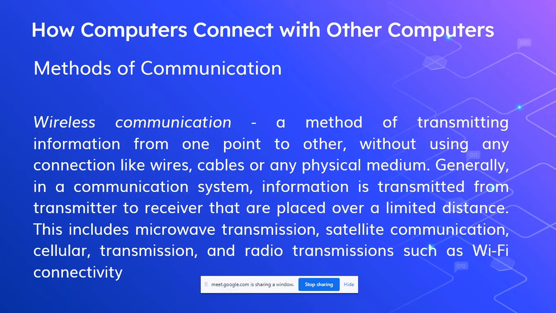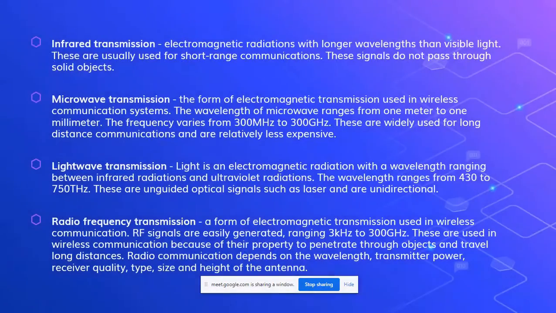This includes microwave transmission, satellite communication, cellular transmission, and radio transmission such as Wi-Fi connectivity. So, ito yung different types of frequencies na ginagamit na technology to connect devices wirelessly.